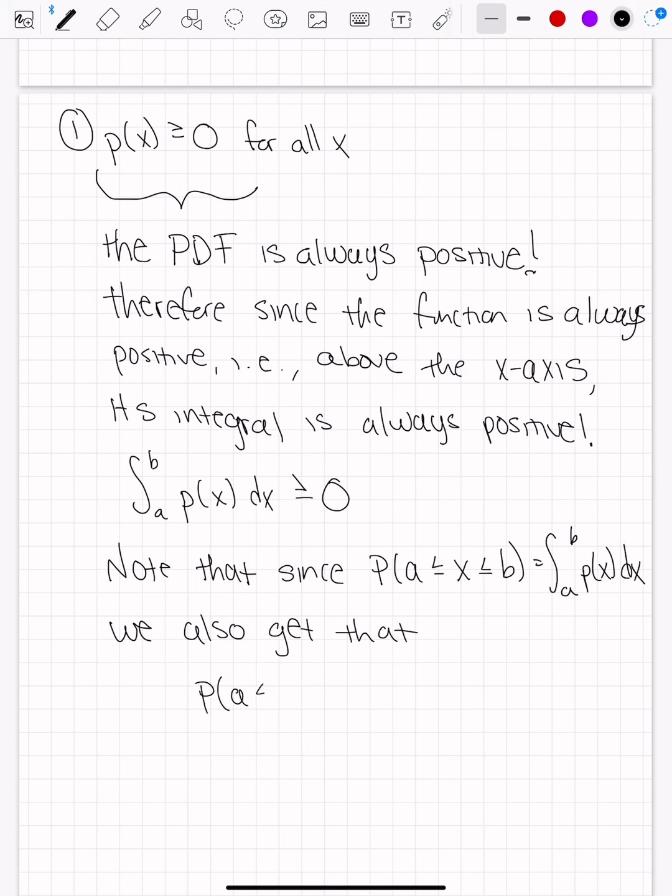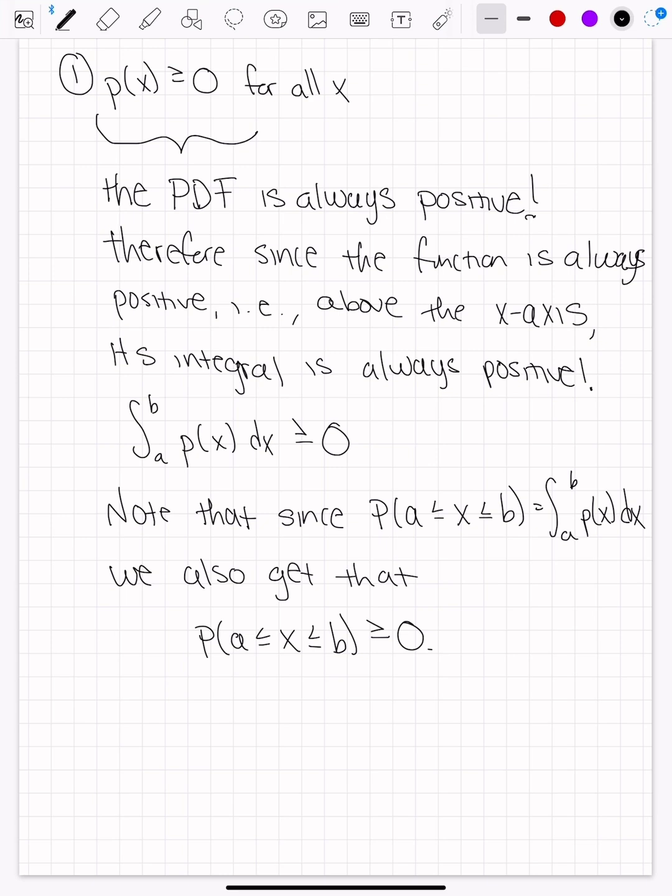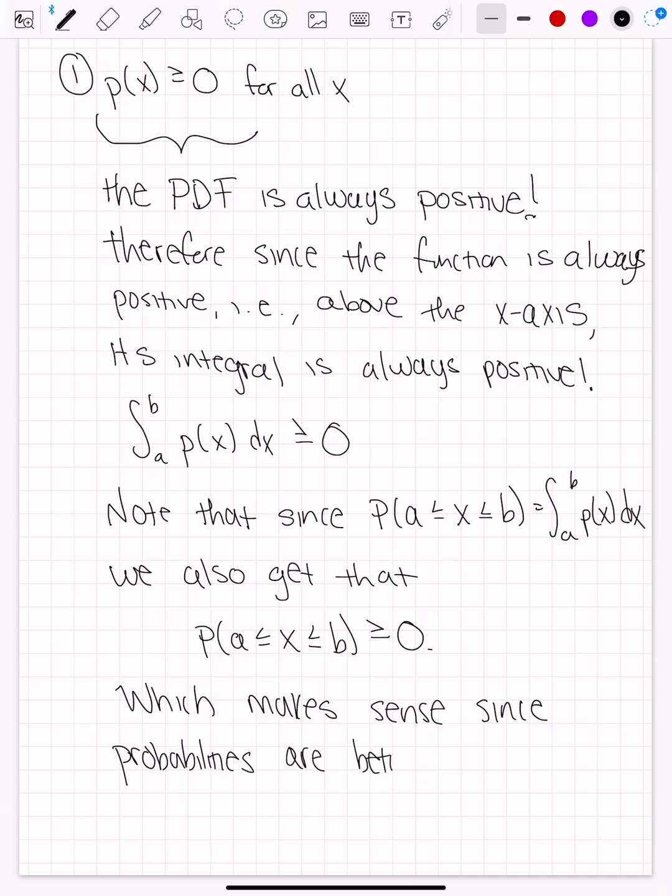And when I introduced this topic in the last class, probabilities are always positive, because what would it mean for there to be a negative chance of something occurring? That doesn't make any sense, right? So this makes sense since probabilities are between 0 and 1, right? And remember that this here is our notation for the probability of x being between a and b.